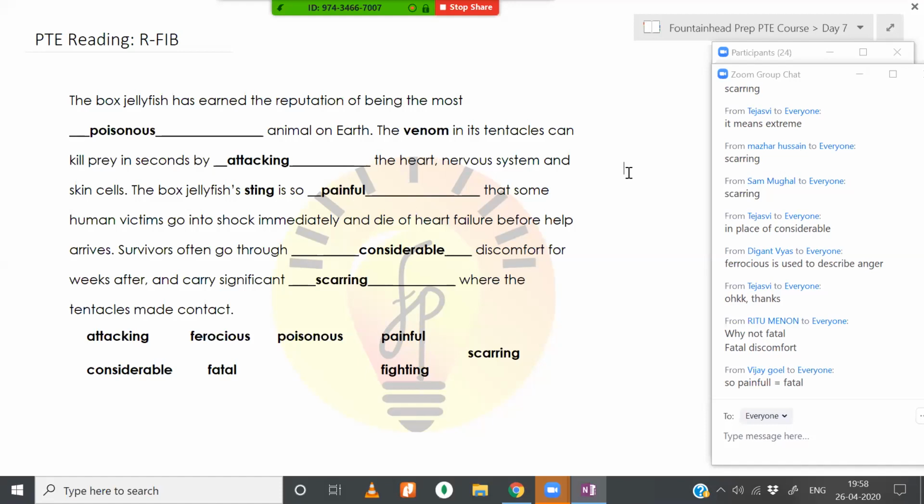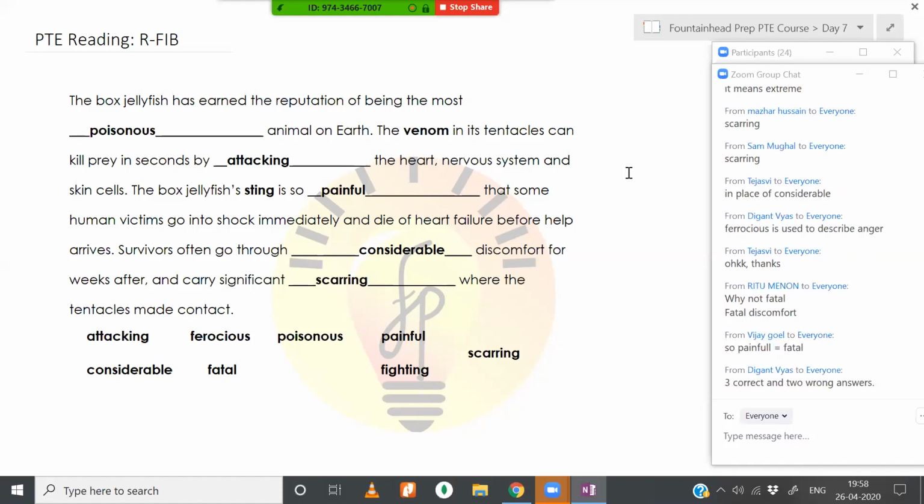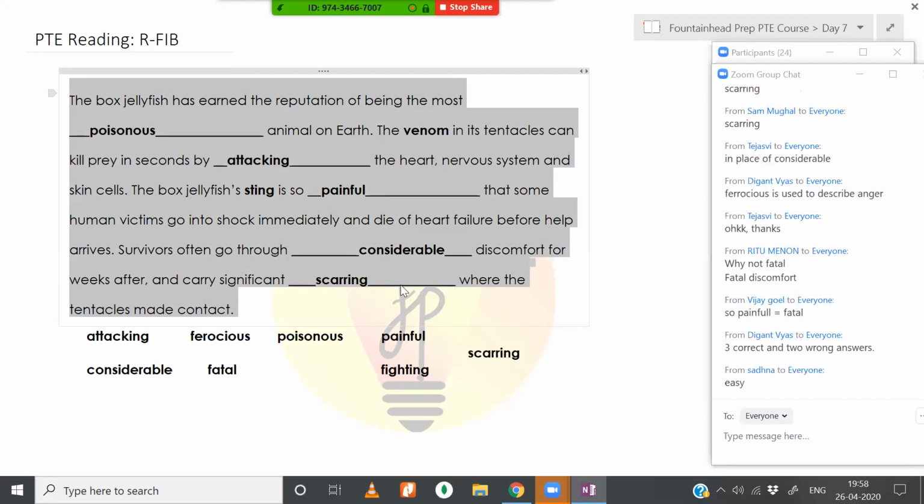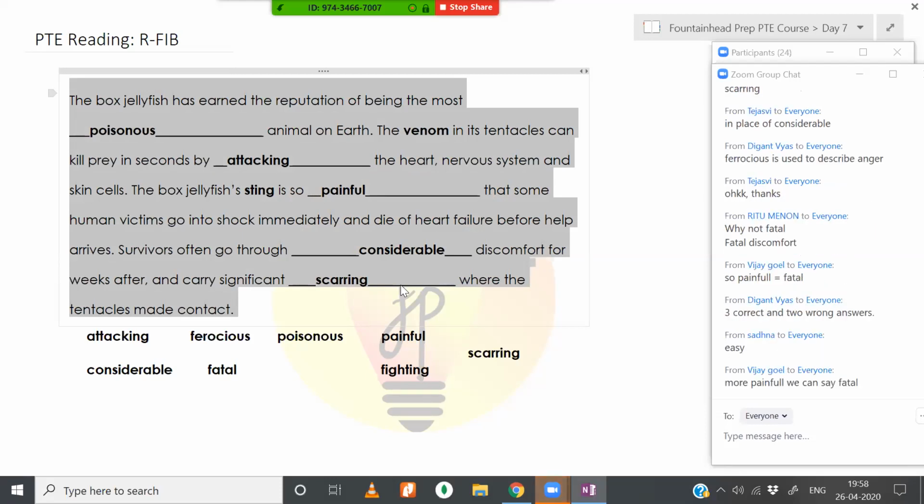What do you mean by that, Vijay? So painful equals fatal? Was it a very hard question? I'm sure most of you have heard all these words.